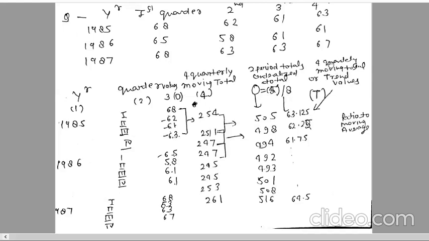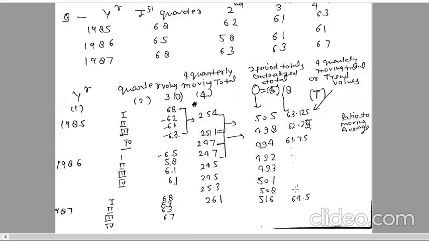Now, the four-quarterly moving values or trend values. After that, you just divide by 8 here, because it is 4 plus 4. So 505 divided by 8, and you will get this one, this one, this one. The same process continues, and the last is 516 divided by 8.